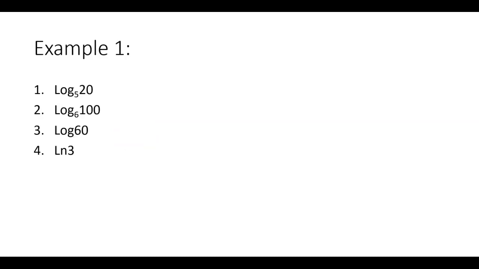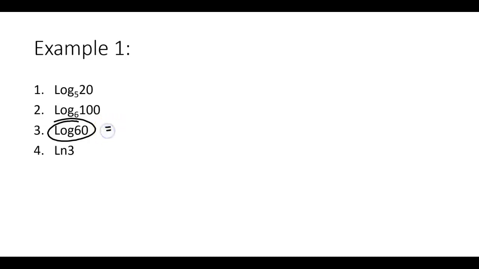The only reason we do change of base is because our calculators only have log base 10 and ln. So we have to change logs like this into base 10 so that we can do it on our calculator. But this thing is already base 10. So really all I have to do is literally type log of 60 into my calculator, and I'll be good. In other words, if it's base 10, you don't need to change base.